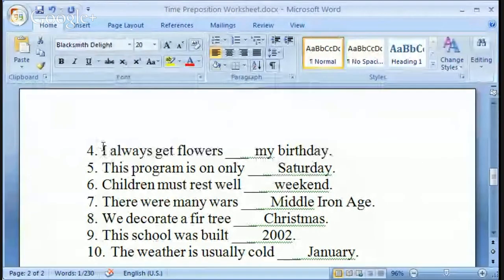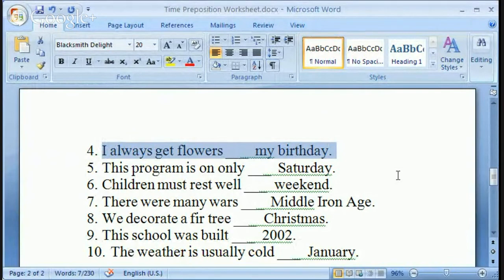Javier, number 4. I always get flowers on my birthday. Very good. Your birthday is a day, so very good. Javier, do you always get flowers on your birthday? No, never. There's another preposition, Javier, which may fit this sentence. Do you know what it is? For my birthday?